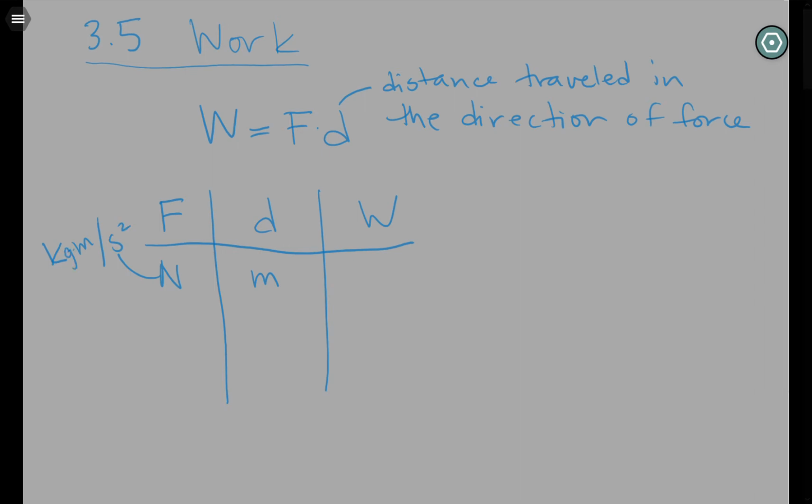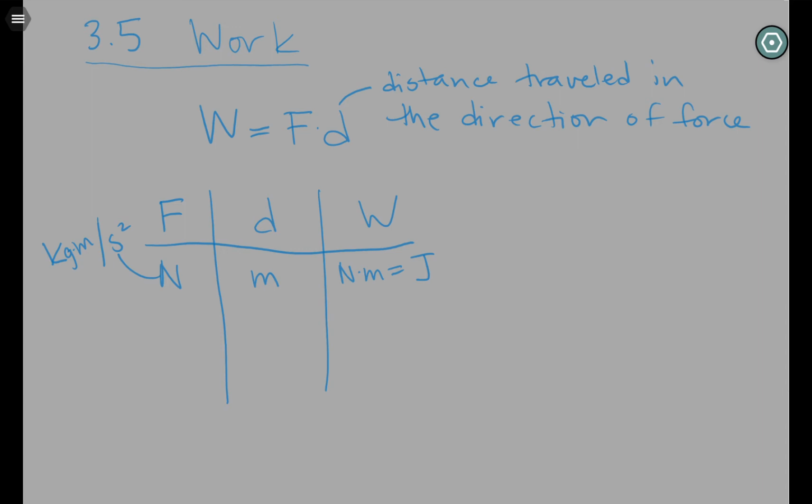When we multiply force times distance, we get newtons times meters, which are otherwise known as joules. I'm not going to be offended if instead of writing newtons, you write kilograms times meters per second squared, or if instead of writing newton meters, you write joules, or instead of writing joules, you write newton meters, I guess is more my point.